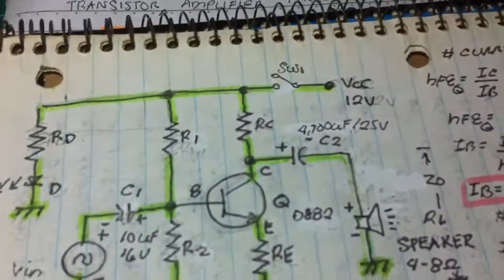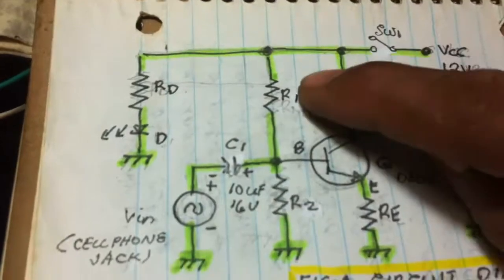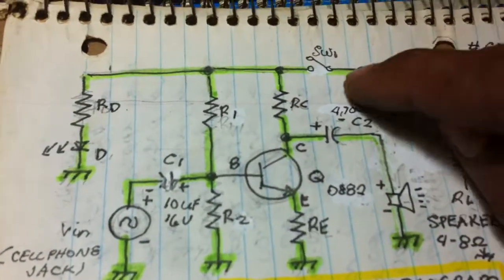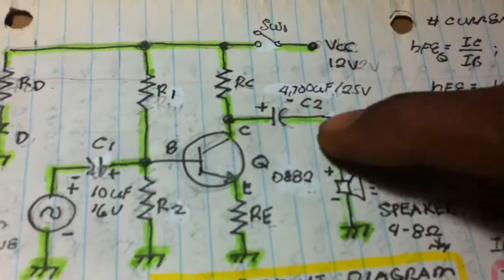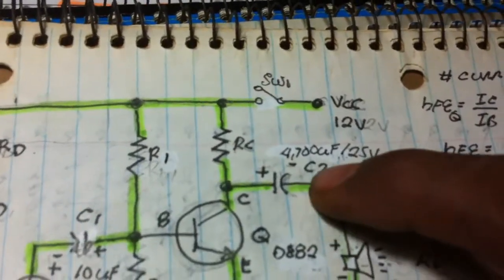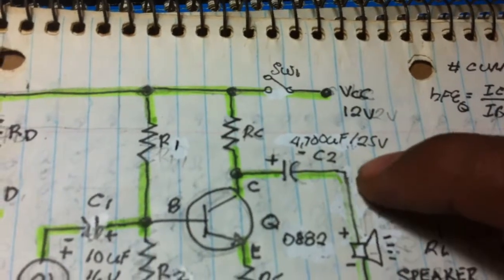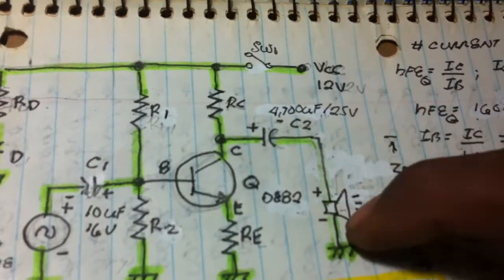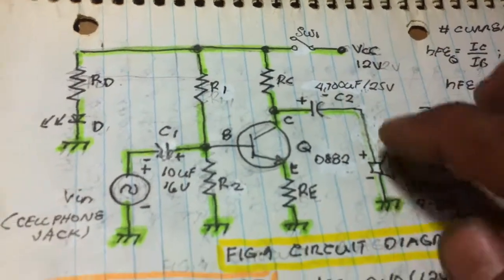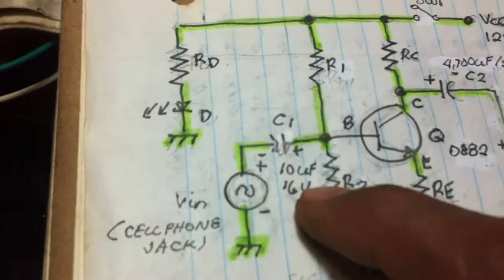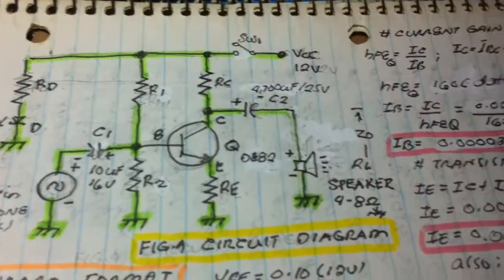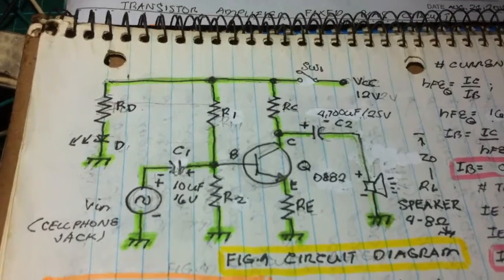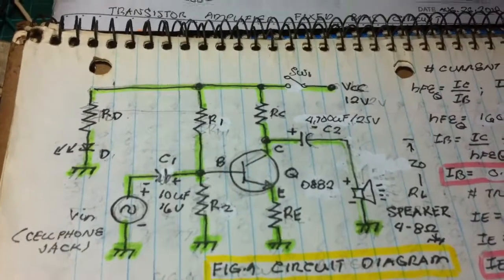We're going to compute for the values of RD, R1, R2, if you're interested in mathematics, RC, RE, and that is given 4700 microfarad 25 volts, C2 coupling capacitor to the speaker for AC signal, and then coupling capacitor 10 microfarad 16 volts, that is the working capacitor for this circuit diagram, voltage divider biasing of the transistor.